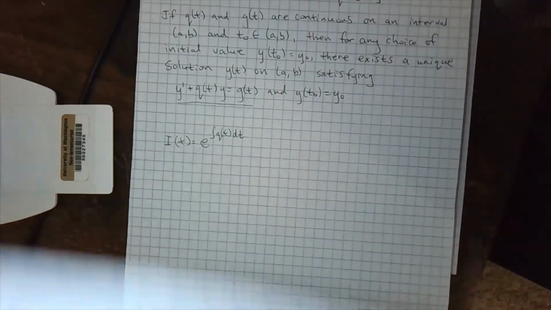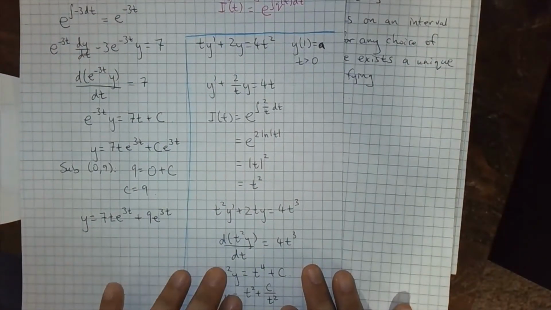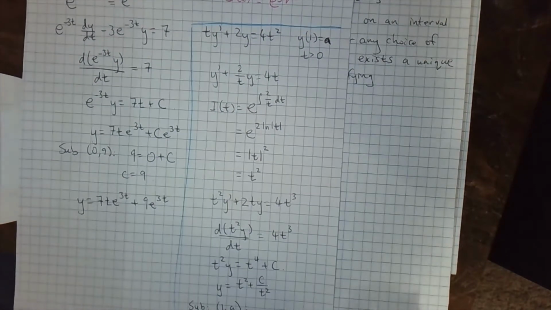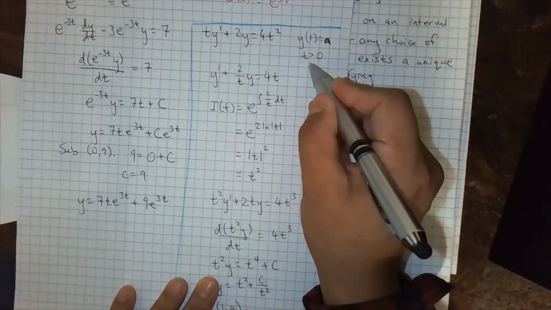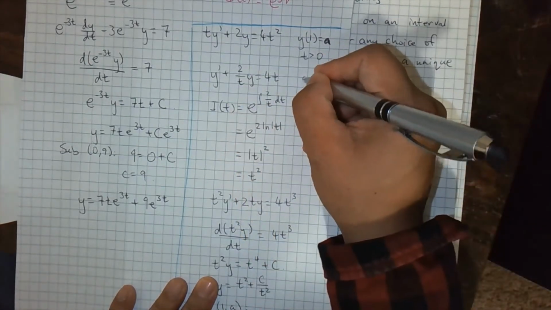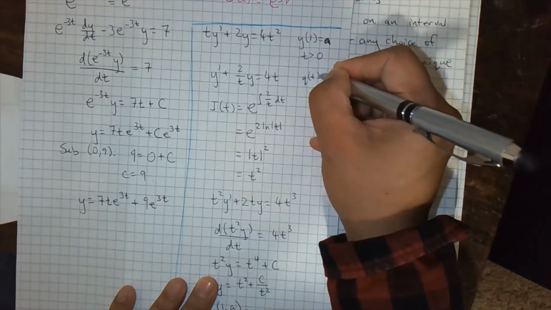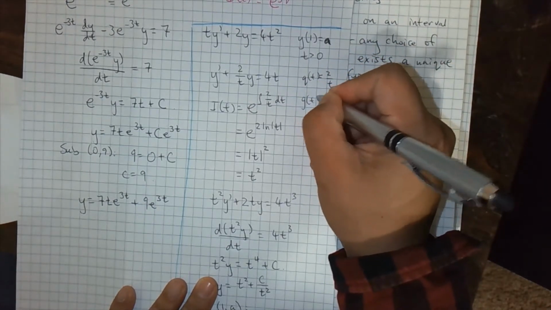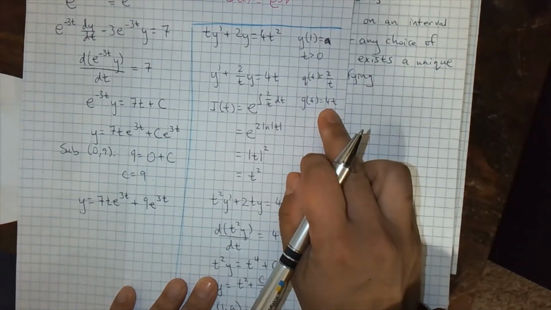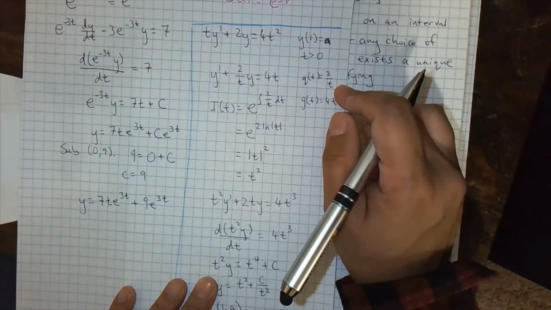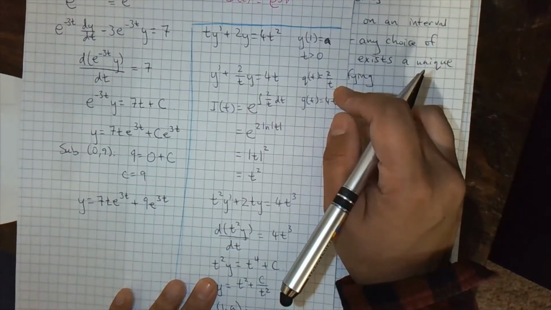Let's look at where this might apply. This was the last example that we did of first-order linear differential equations. Remember I said we would come back to this t greater than 0. If we look here, my q of t is 2 over t, and my g of t is 4t. 4t is continuous everywhere, so I'm good. 2 over t is not continuous at t equals 0.